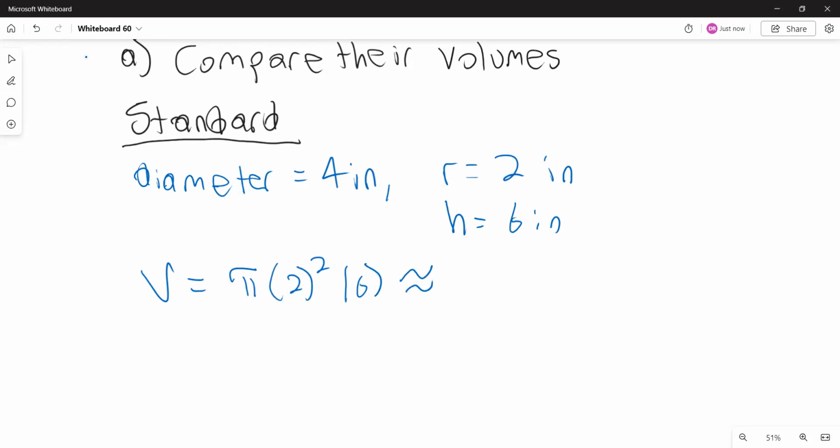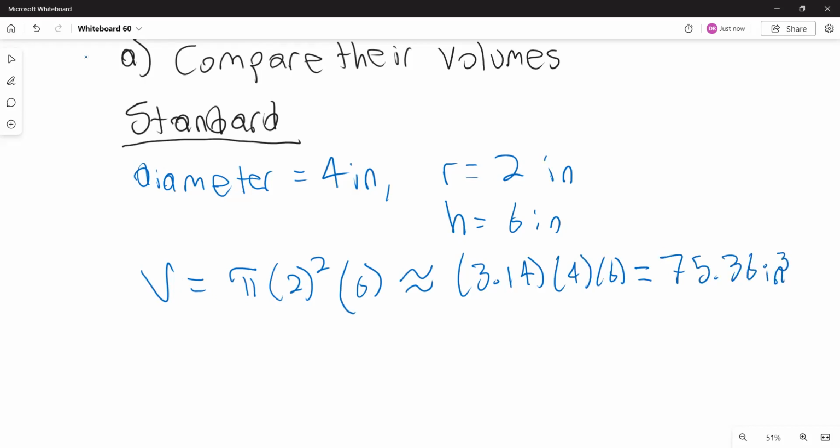Pi is approximately 3.14. 2 squared is 4, so that's going to be 3.14 times 4 times 6, and that is equal to 75.36 cubic inches.